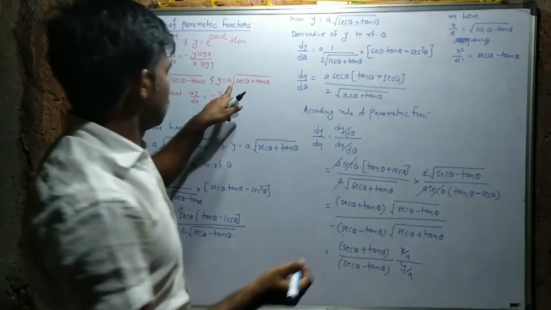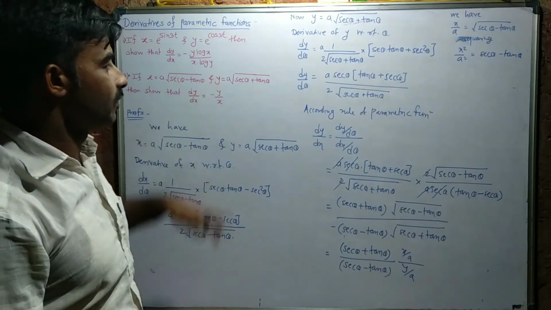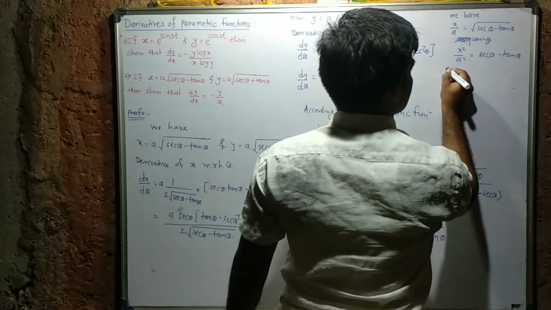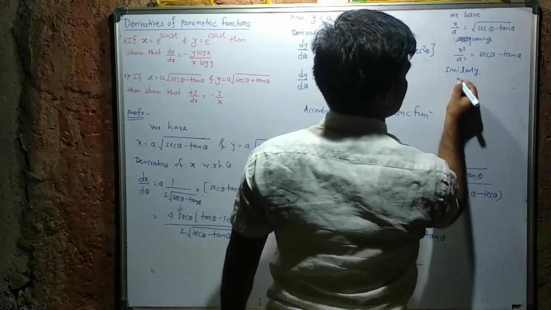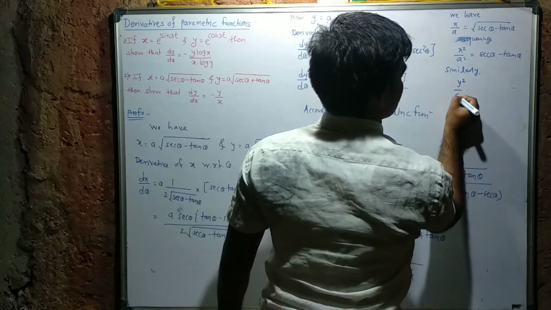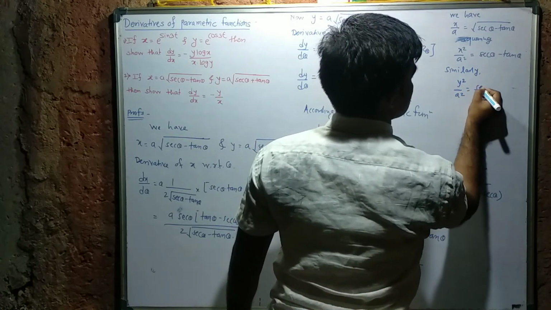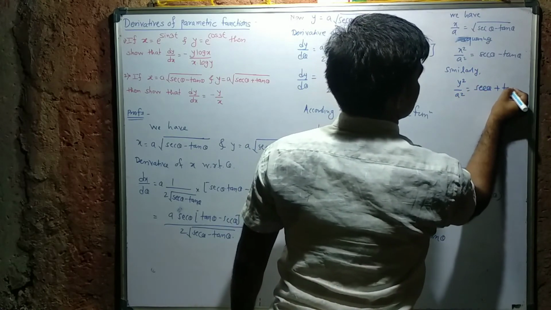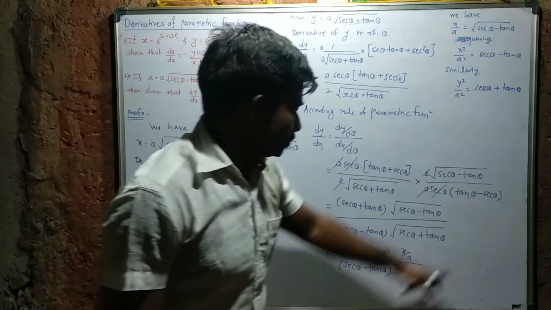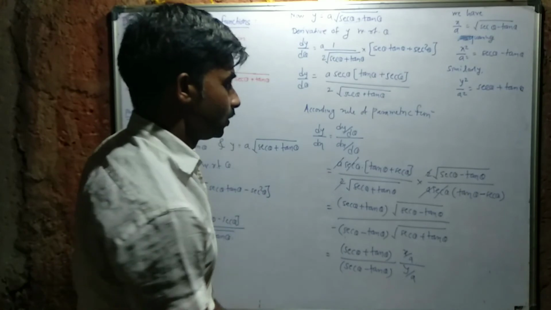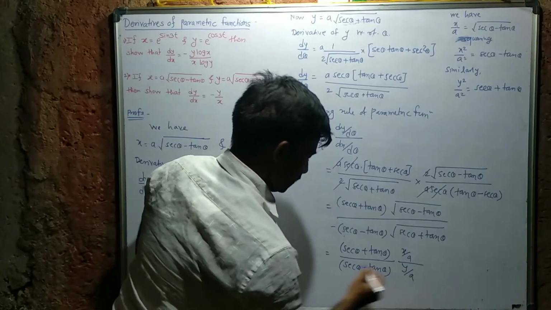Similarly, y divided by a, squaring, you get y square divided by a square equal to sec theta plus tan theta. Using these, you will get the result.